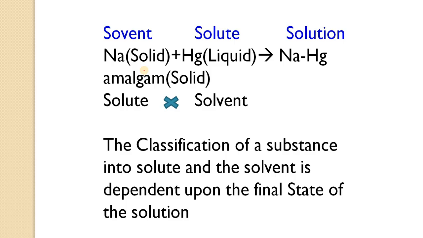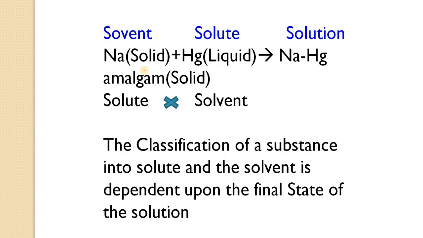What main definition can we learn from this example? The classification of substances into solute and solvent depends upon the final state of the solution, right? The final nature of the solution is similar to the final nature of the solvent.